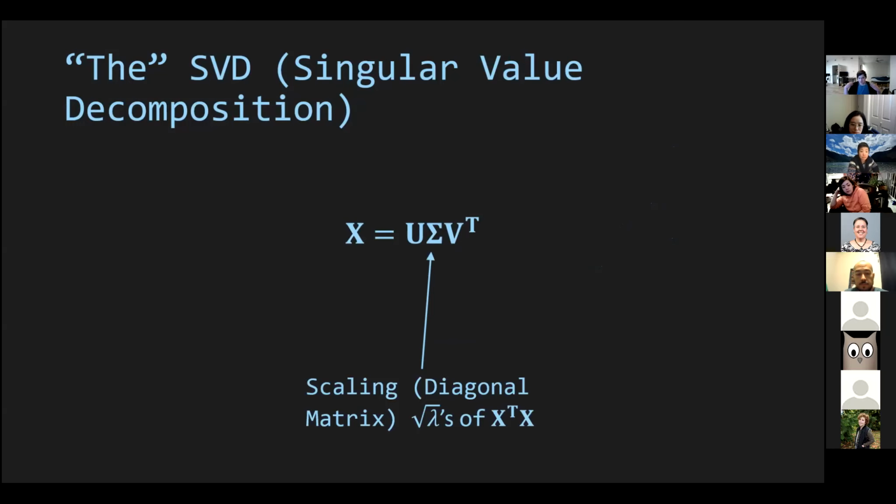And here's why I completely switched over to talking about the SVD. In the SVD, that sigma matrix is a scaling matrix of diagonal entries, where those are the eigenvalues of X^T X. X^T X is the covariance of our data. PCA cares about finding the eigenvalues of the covariance matrix.